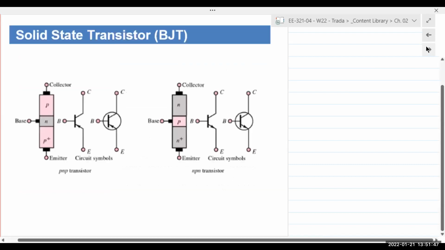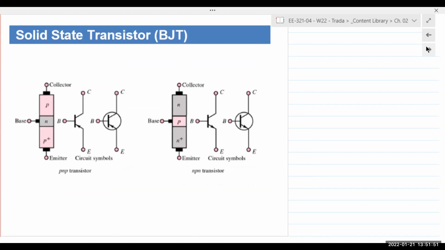But those were vacuum tubes. We are working in the field of solid state devices, which are basically using semiconductors. So they are made up of two PN junctions connected back to back.